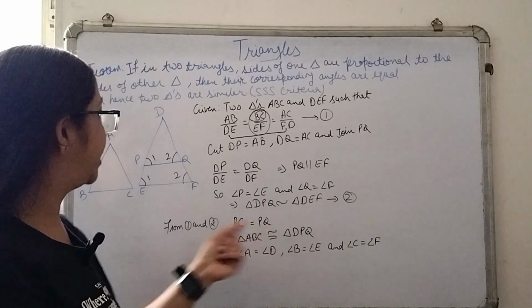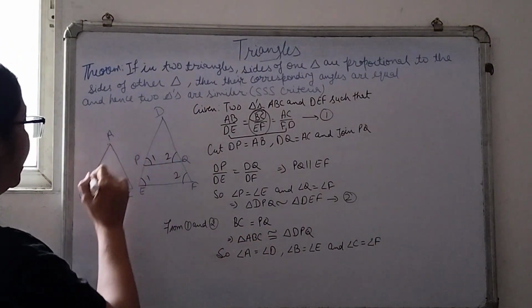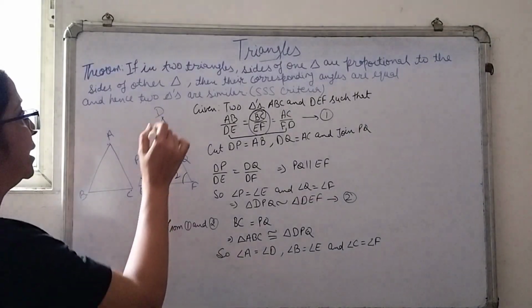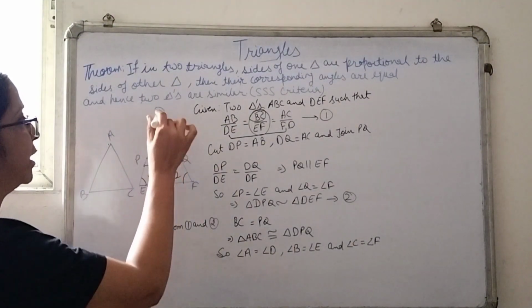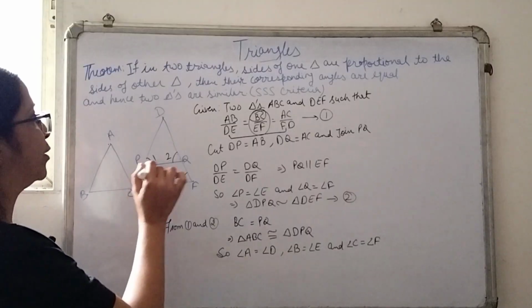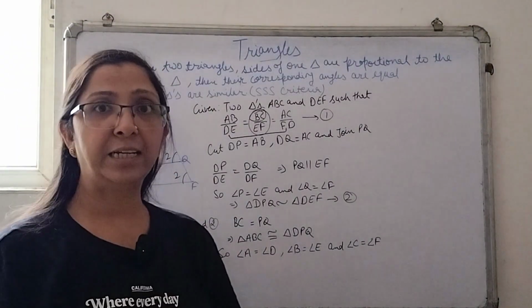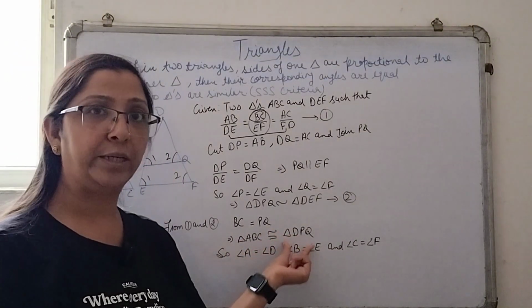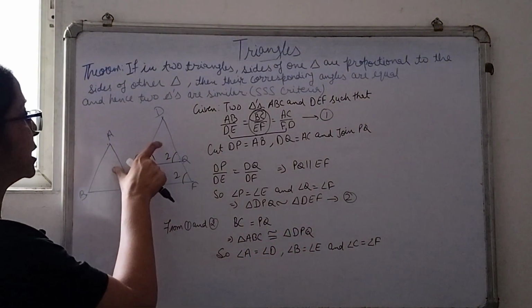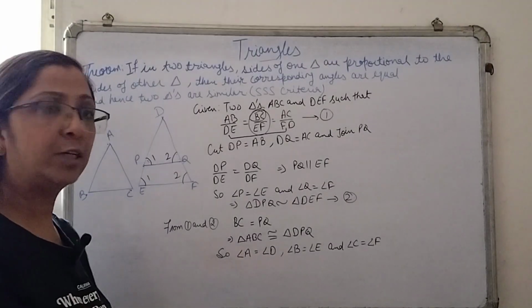If BC and PQ both are equal, then in the triangle ABC and the triangle DPQ, AB is equivalent to DP, AC is equivalent to DQ, and BC is equivalent to PQ. So we can say by SSS congruency criteria, these two triangles will be congruent. And if these two triangles are congruent, the corresponding angles will even be equal.